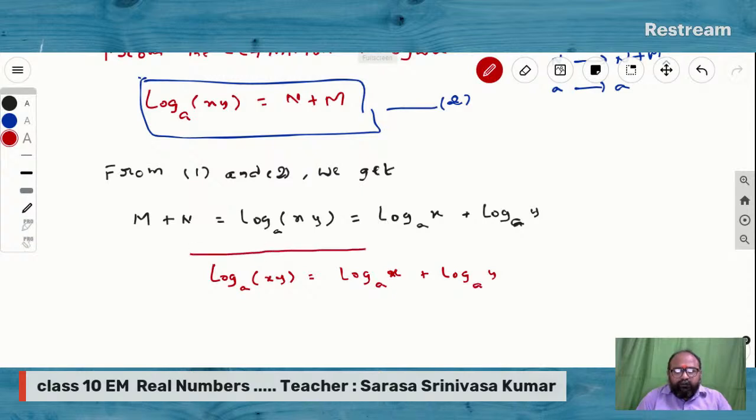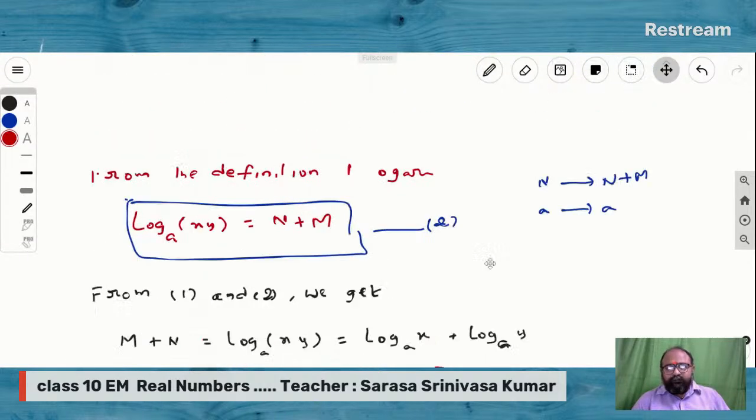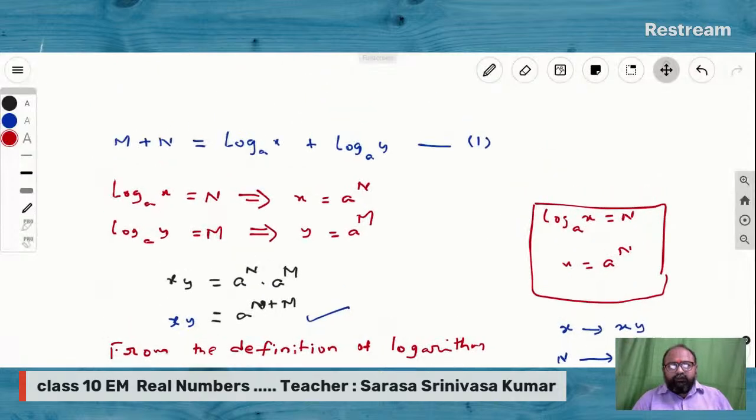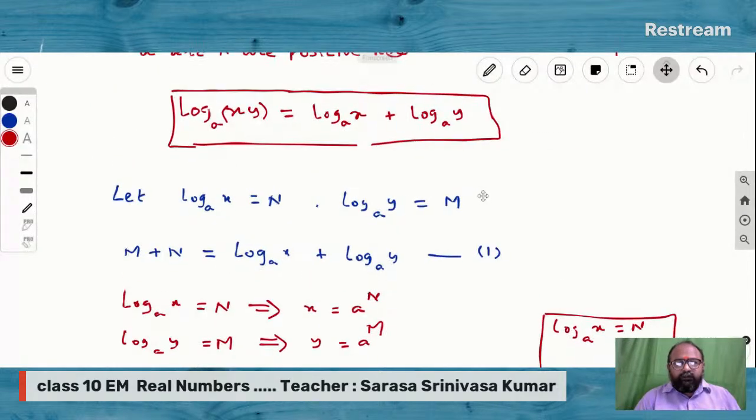So this is a very important formula. We have derived this important formula from the definition of logarithm. Dear students, let us discuss this process of proving the important result. Here we have log xy base a equal to log x base a plus log y base a. We have to prove this result.